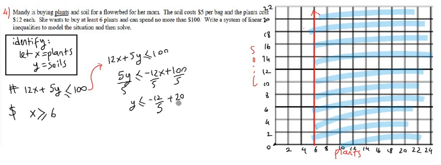Now the second inequality has y-intercept 20. So we go to 20 on the y-axis, and our slope is 12 down, 5 right. If I go 12 down from 20, I come to 8, and then 5 right. Again, 12 down from 8 is negative 4, and then if I go 5 right from here, it's going to be 10.